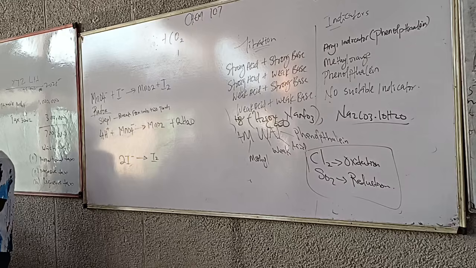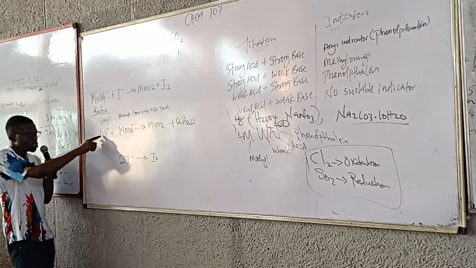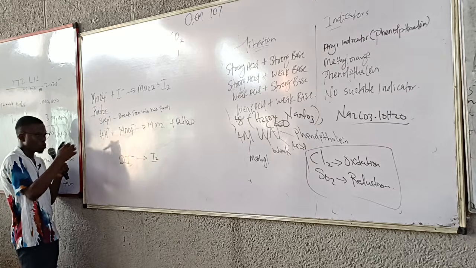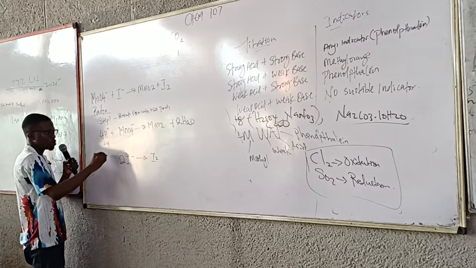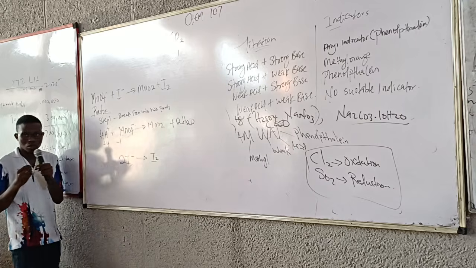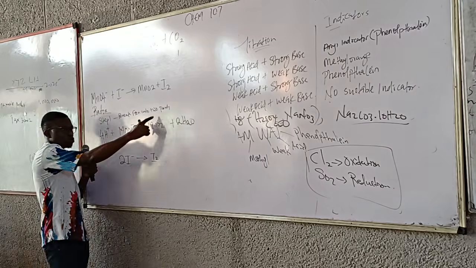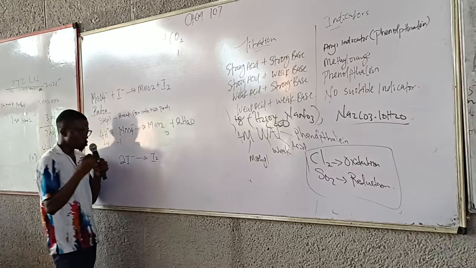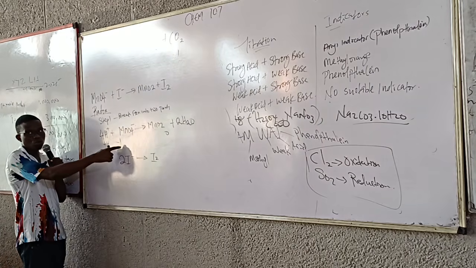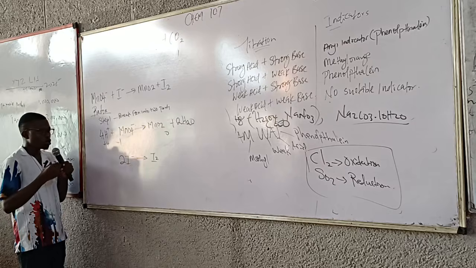Step number 3. Balance charges. This is 4 times plus 1, so we have plus 4 here. This is 1 times minus 1. We have minus 1 here. There is no charge, so automatically this is 0. Plus 4 plus minus 1 is equal to plus 3.